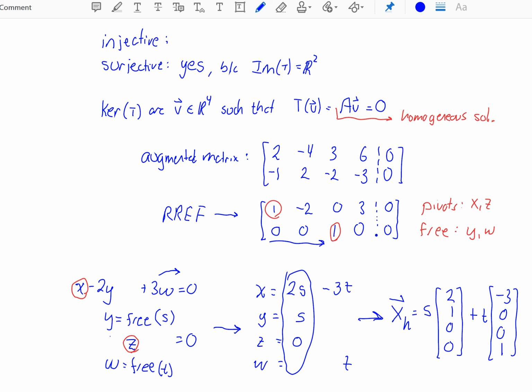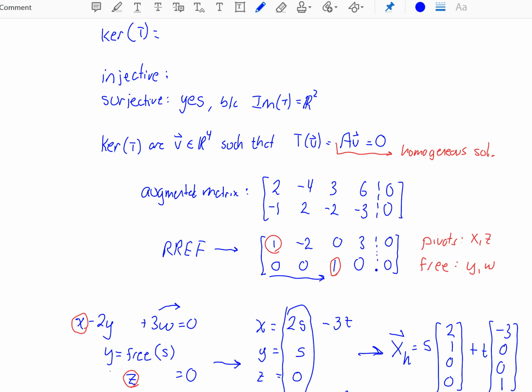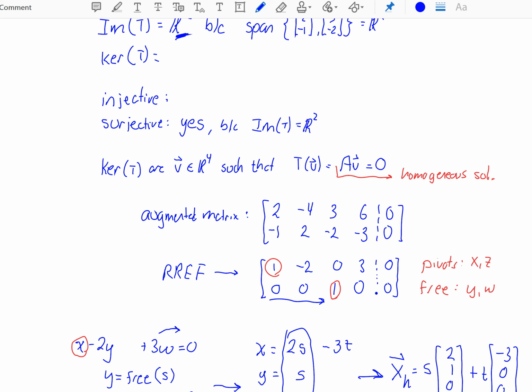So now our kernel, we can say they're going to be all the things that look like s times 2, 1, 0, 0 plus t times negative 3, 0, 0, 1, such that s and t are elements of the real numbers.